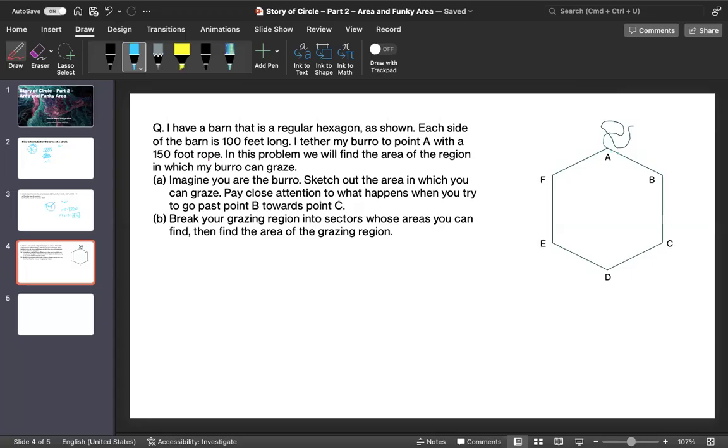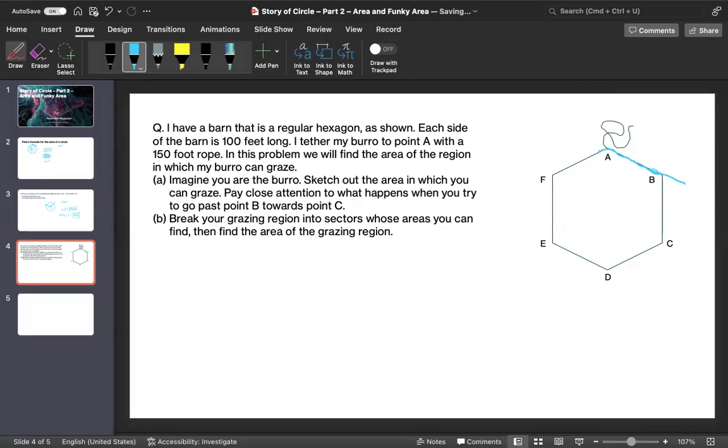If AB is 100 feet long, then this can go only 50 feet extra. So I'm going to draw the length of the rope if the burrow pulls it taut. So here we go. That's about how far the burrow can go.